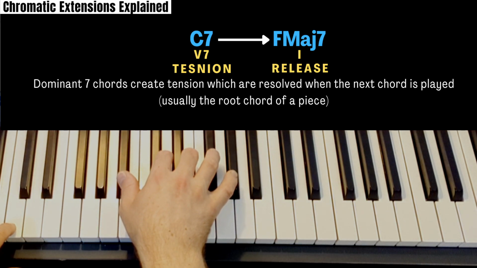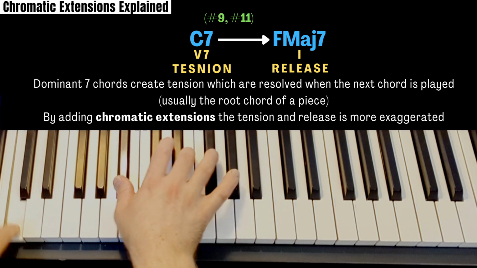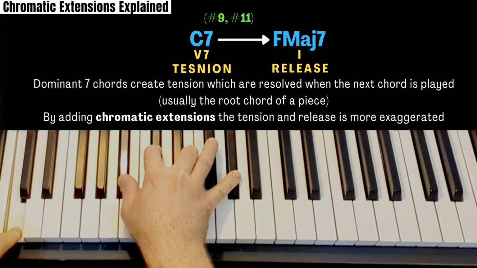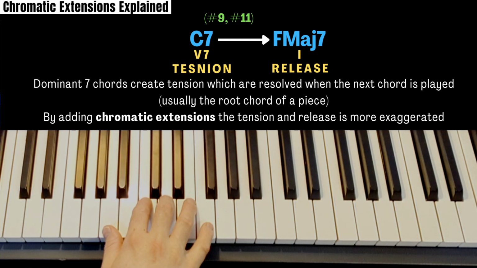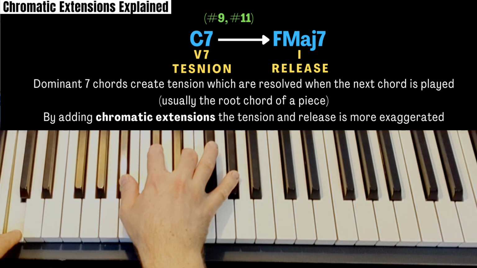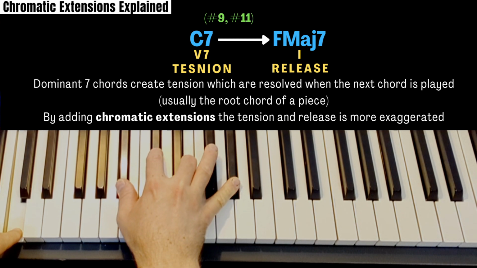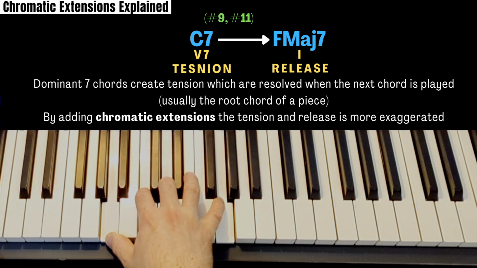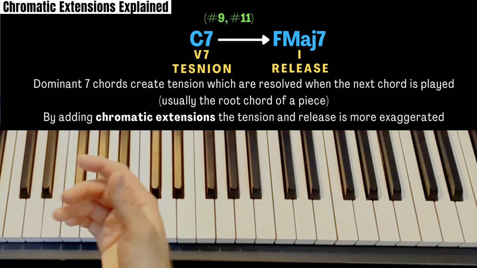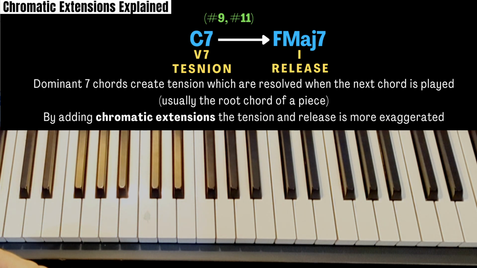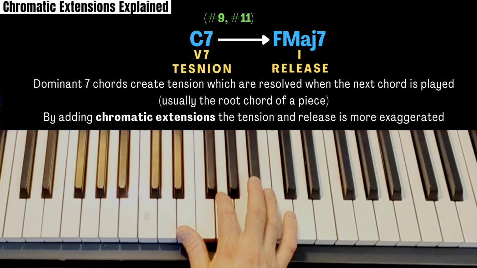And adding these chromatic extensions gives you more colours, more tension there, so it can fundamentally do the same thing: big tension, big release. So that's the main function for chromatic extensions, and for that reason, that's why they work the best on dominant 7 chords. Alright, so let's go through them all.